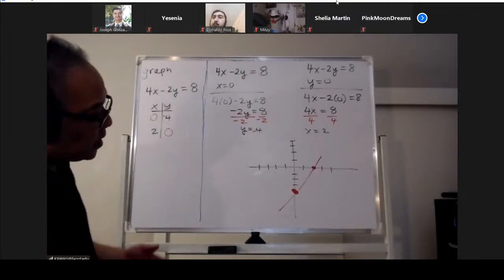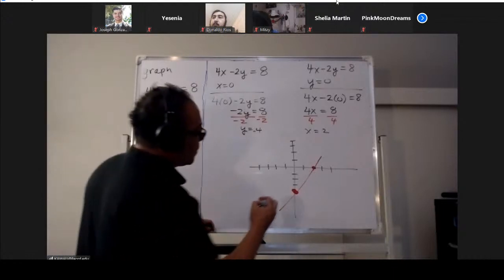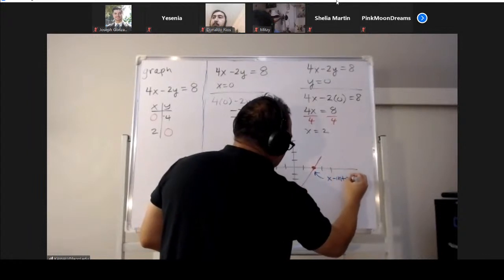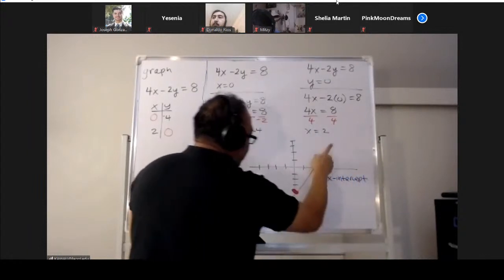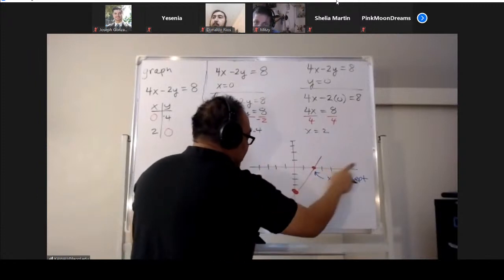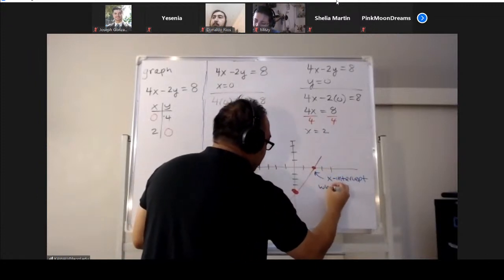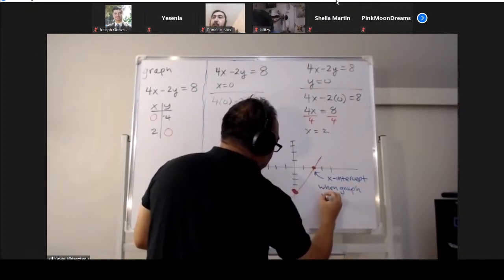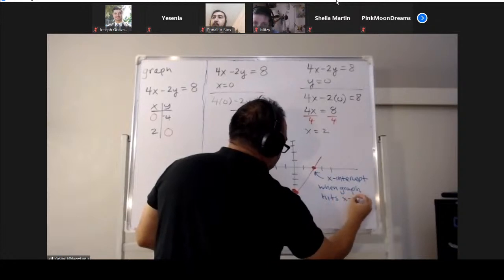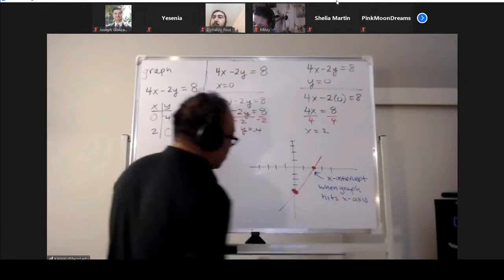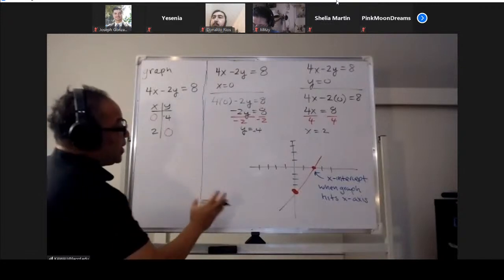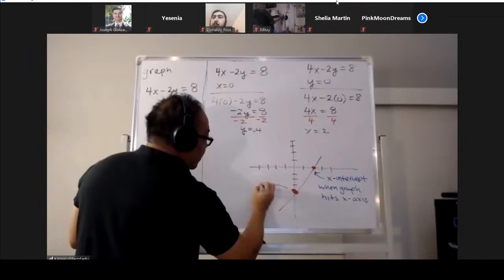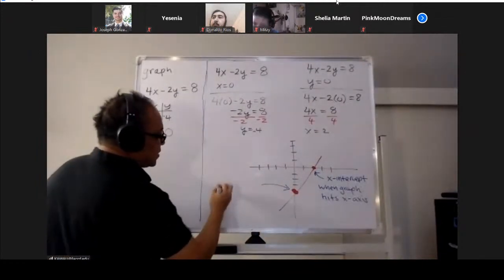Now, let's talk about what X and Y intercepts are. The X-intercept is when the graph hits the x-axis. And then the Y-intercept is when the graph hits the y-axis.